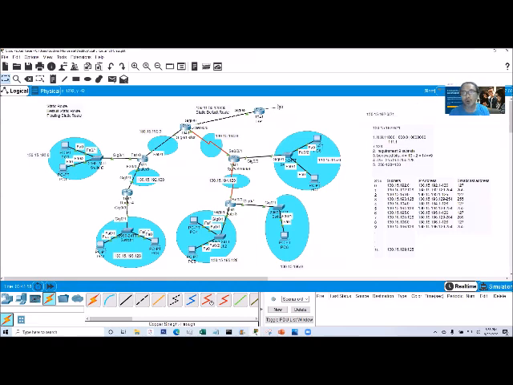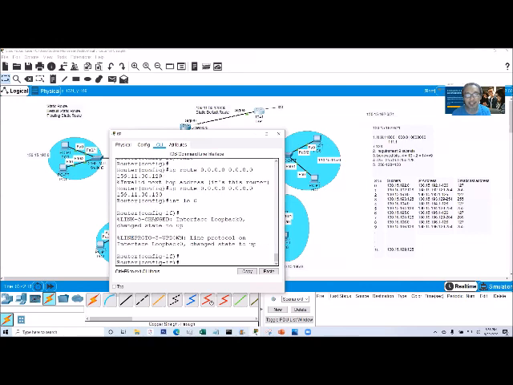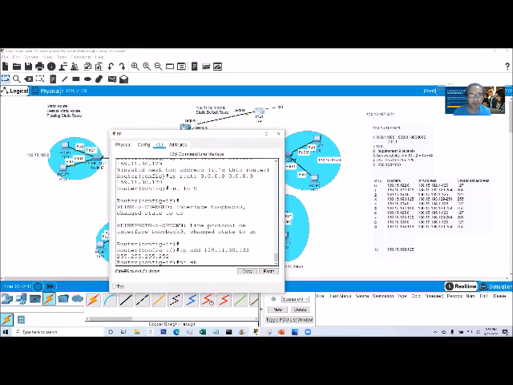What is this LO all about? This LO is just a logical interface which we use for checking purposes. We go to interface loopback 0 and put an IP address, for example IP address 159.11.30.133, 255.255.255.252, enter, no shut.